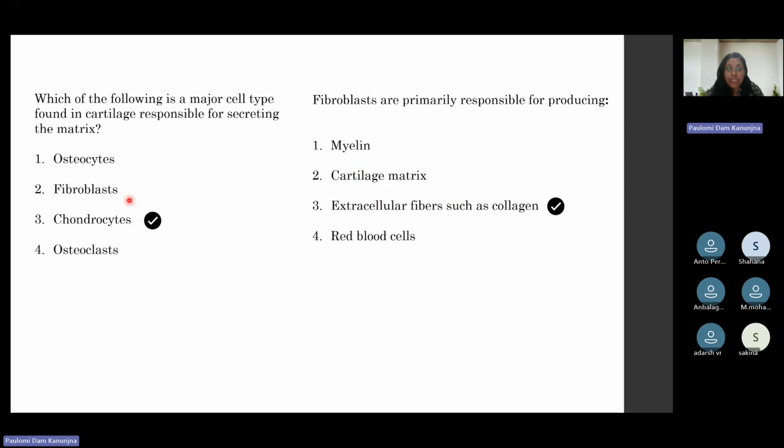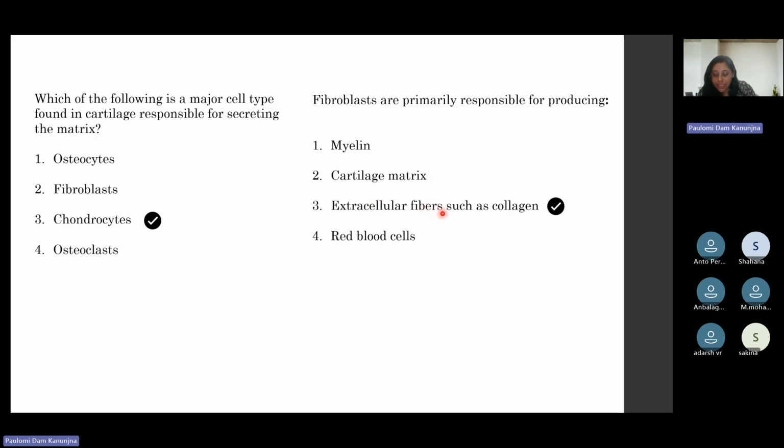This also we have seen in cartilage right now. And osteoclasts are for the breaking down of bone matrix. So they are not making, but breaking down the bone matrix. Now fibroblast, the answer I already told you, is for the collagen secretion.